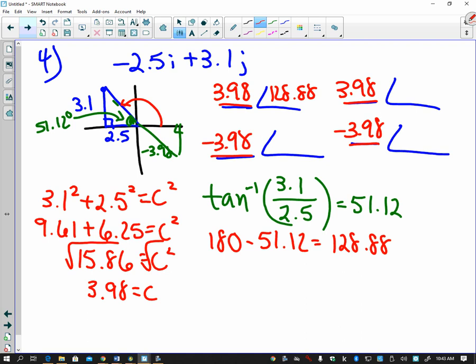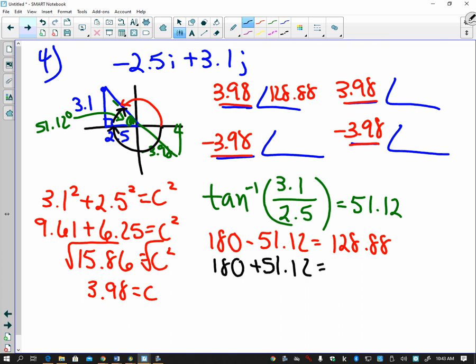Okay. Now, how do I get the negative degree of the positive hypotenuse, Omar? No, I'm still on the positive hypotenuse. How do I get the negative degree? 180, okay, because we're going to go around this way, 180 plus 51.12.